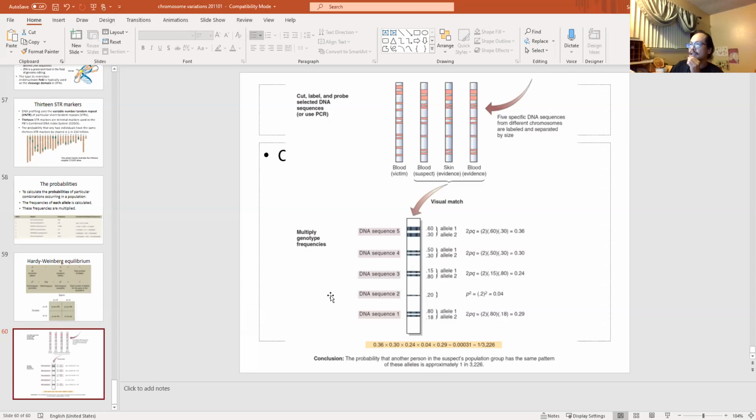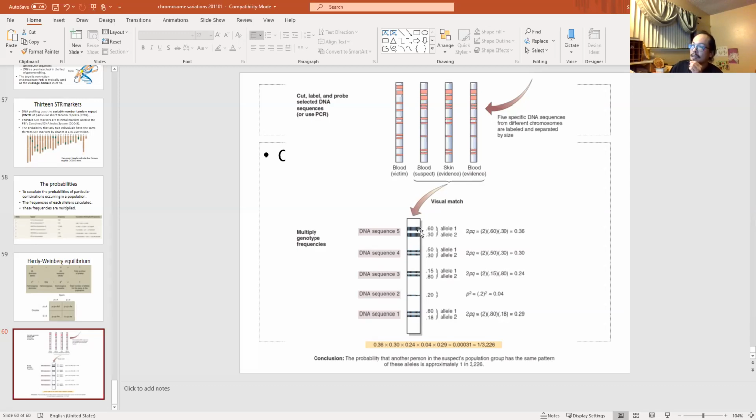First of all, you got a sample, and you must know that each short tandem repeat, STR, has 2 alleles. These 2 alleles could be heterozygous or homozygous.